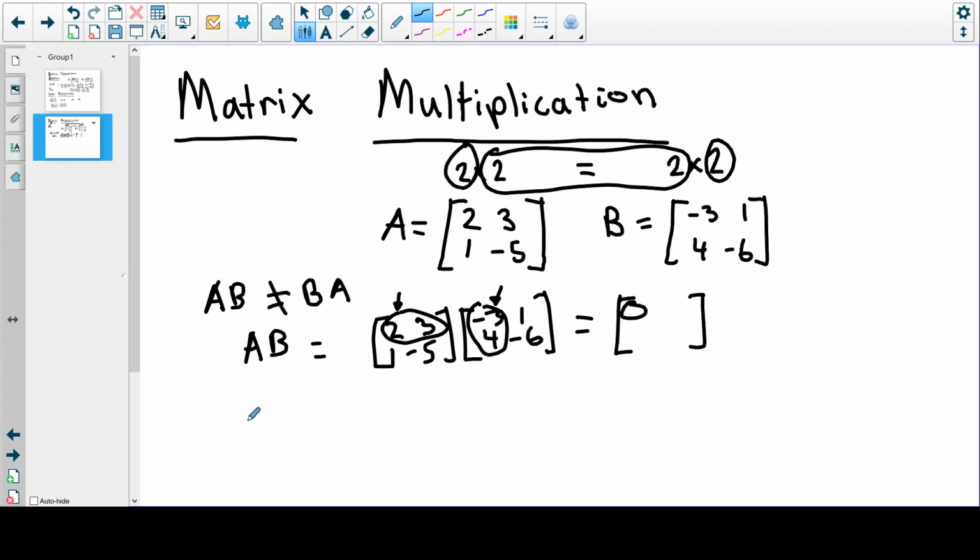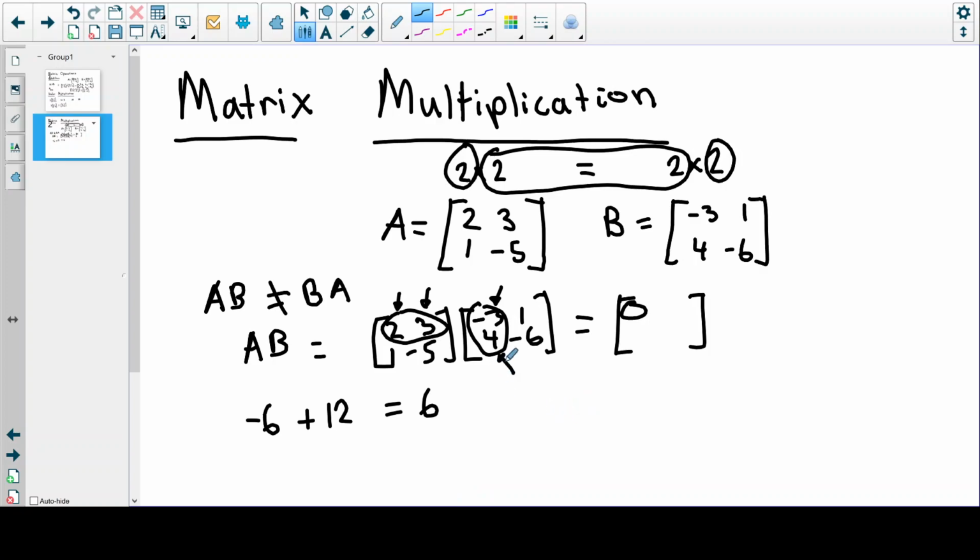So that would be negative 6. And then we add it to the multiplication of the second term in the row and the second element in this column, to equal 12. So the answer for this element right here is going to equal 6.